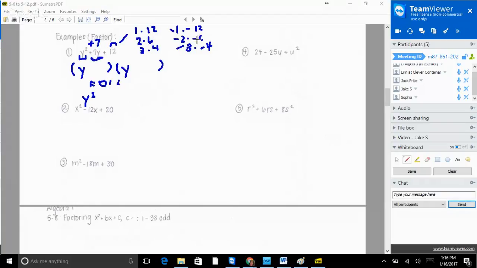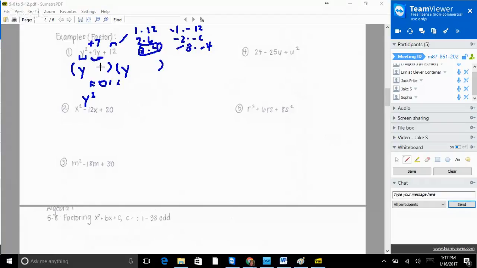When I look at all these combinations, because remember we always add our outside and inside together, which one gives me positive 7? So 1 plus 12 gives me 13. 2 plus 6 gives me 8. 3 plus 4 gives me 7. So I am thinking I want to use 3 and 4 to get my 12.